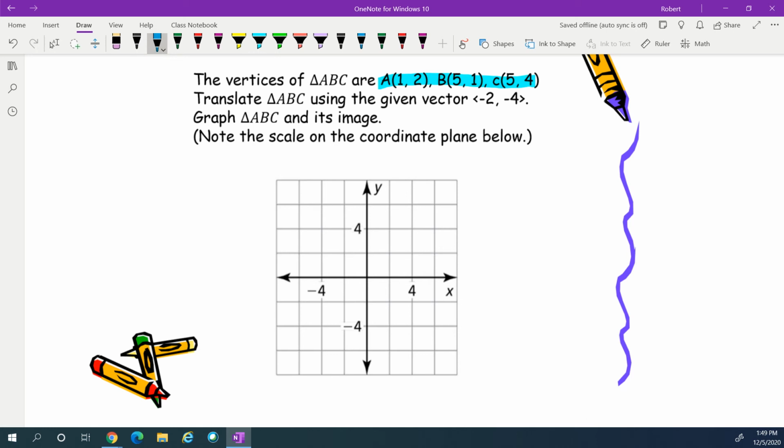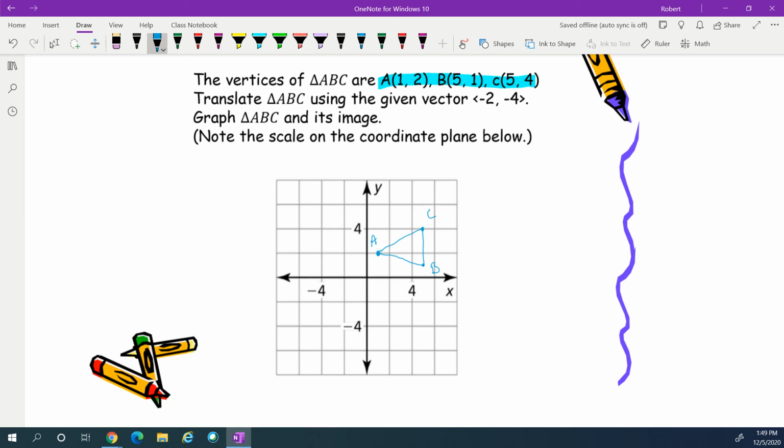1, 2, so 1, 2 is point A. B is at 5, 1. And C is at 5, 4. And that's our original triangle.